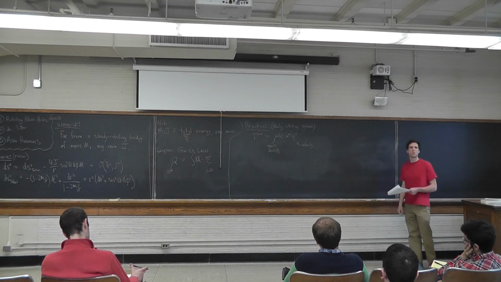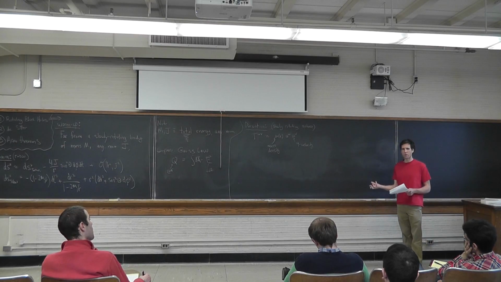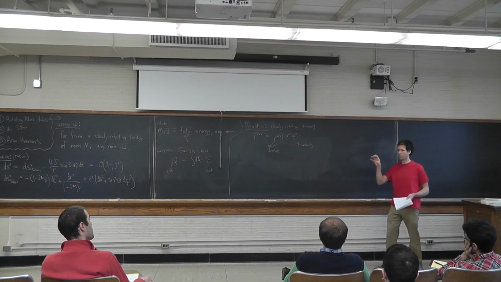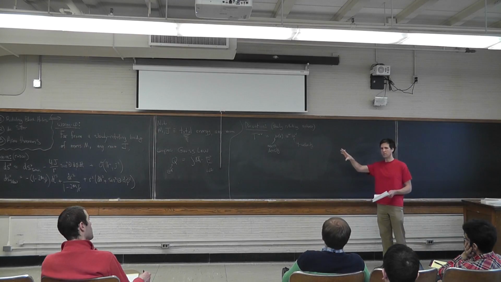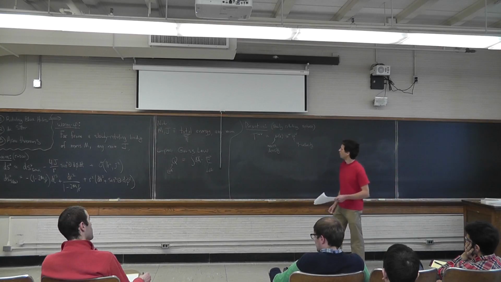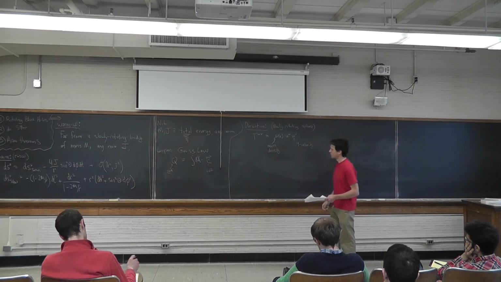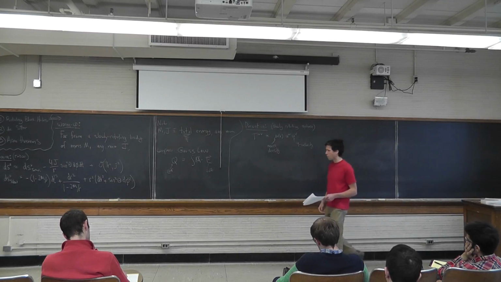In other words, in the rest frame, the stress tensor is just the mass density in the 0,0 component. So the 0,0 component is measuring the energy density. I should put it approximately here because I'm using the fact that this is non-relativistic.